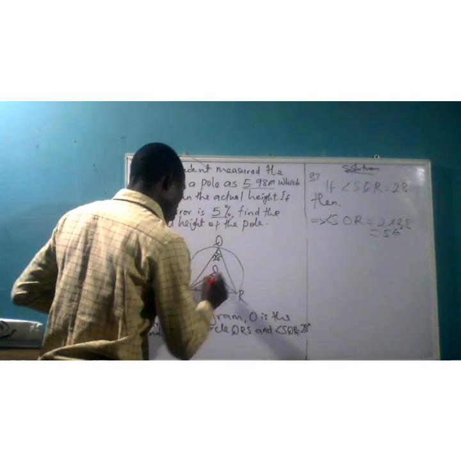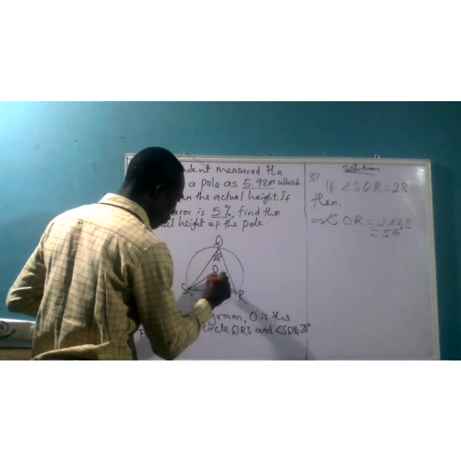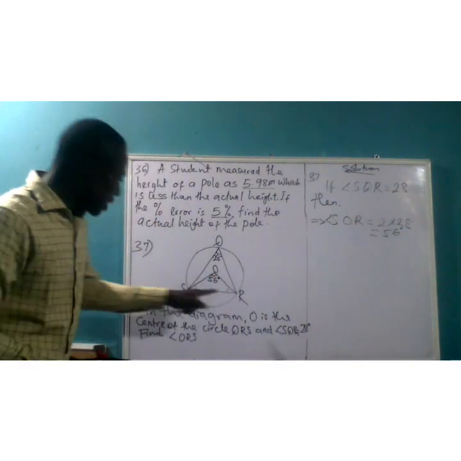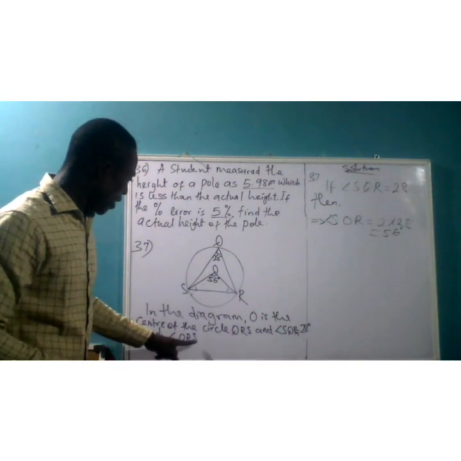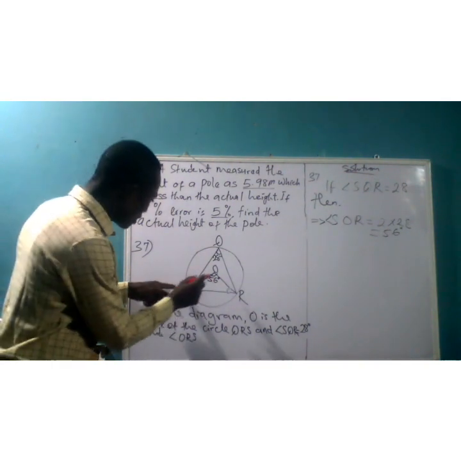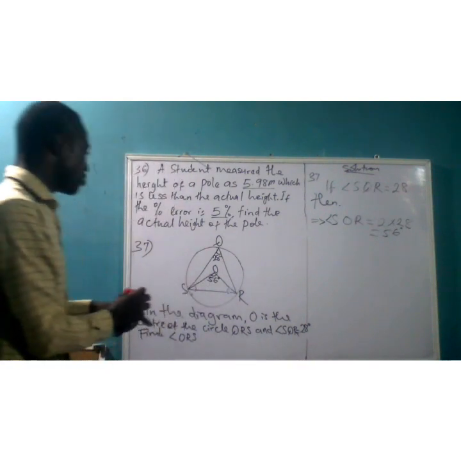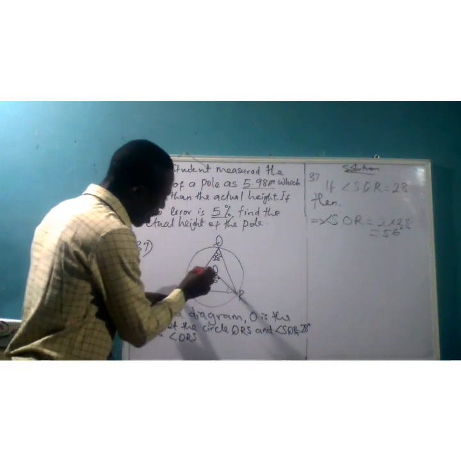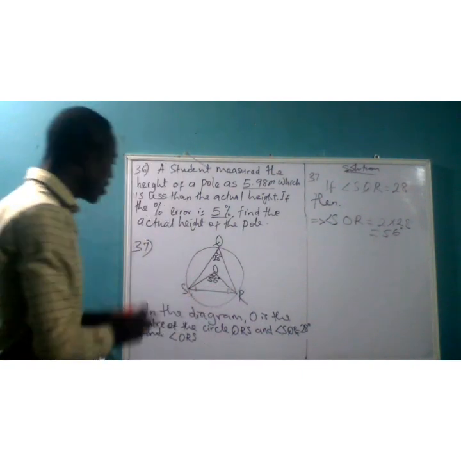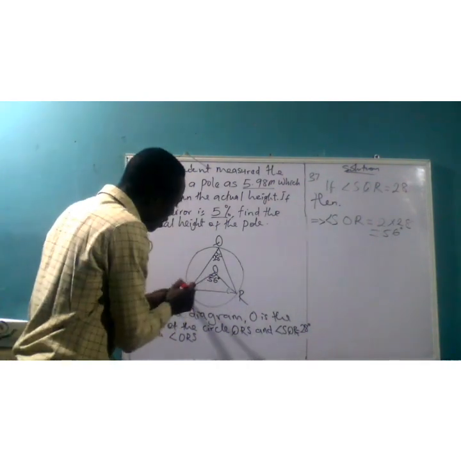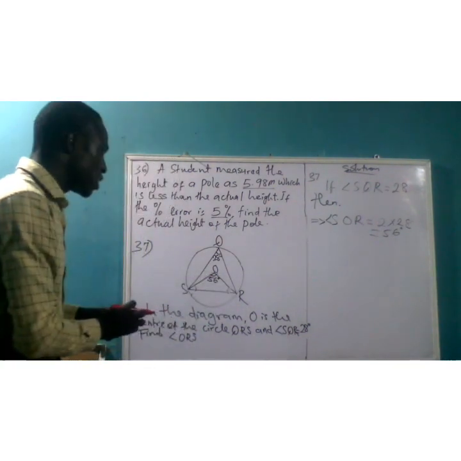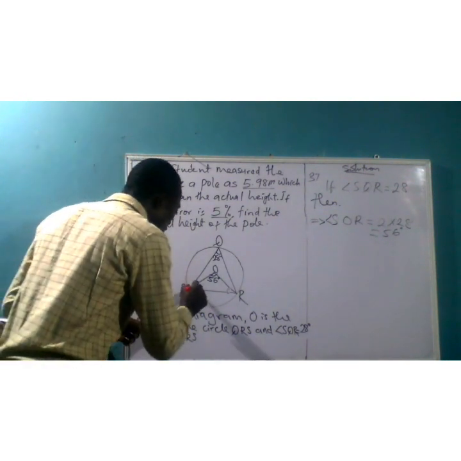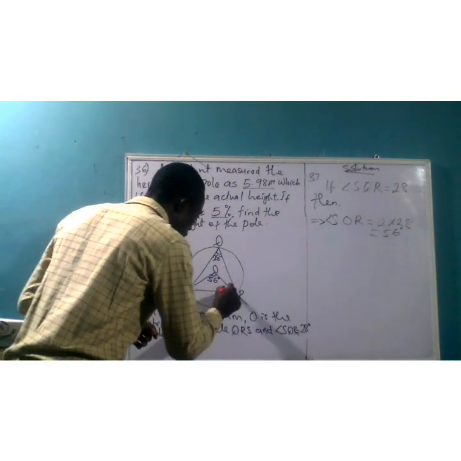So we have determined this angle to be 56 degrees. Moving further, to determine angle ORS, we must know that this triangle is an isosceles triangle, because the line from O to S is a radius, and the line from O to R is also a radius. So triangle SOR is an isosceles triangle, and in an isosceles triangle, the base angles are equal.